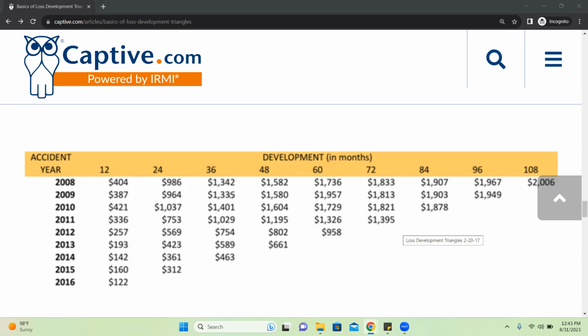Now, on the other hand, if we were to look at it vertically, for example, for accidents that happened in '08, the claims paid was $404,000. But then for the next accident year, it was $387,000. As we keep going up till accident year 2016, you notice that the paid claims are now $122,000.